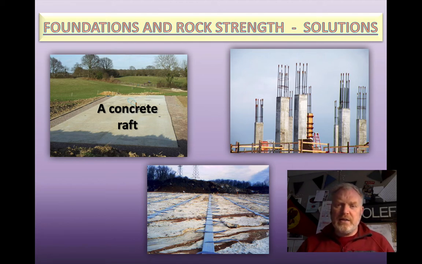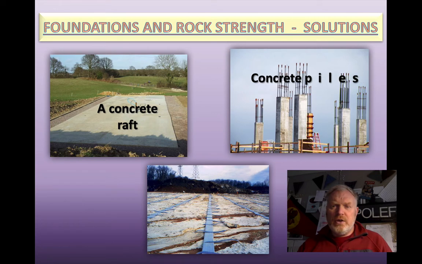For something like that, built on weak ground, you need these concrete piles. What concrete piles do is they bypass the weak rock. So they take the weight of the building. For example, the weight of A block isn't resting on the ground around it, or immediately underneath it. The weight of the building is actually taken by these 20-metre long concrete columns and spread out then over a layer of gravel about 20 metres down.